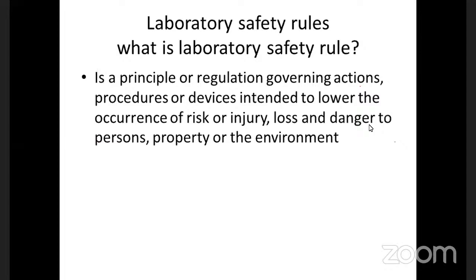First of all, you who are carrying out the experiment, when you follow the safety rules, you are reducing the danger to yourself. There are certain things you do in the lab that can expose you to certain risk or injury. There are certain chemicals that can even lead to loss of your life.